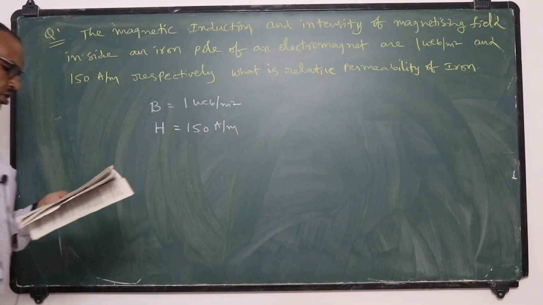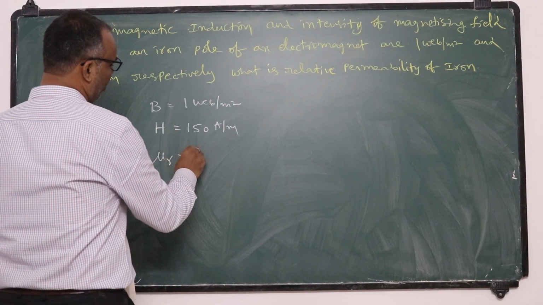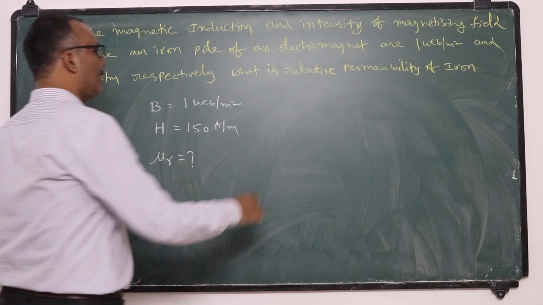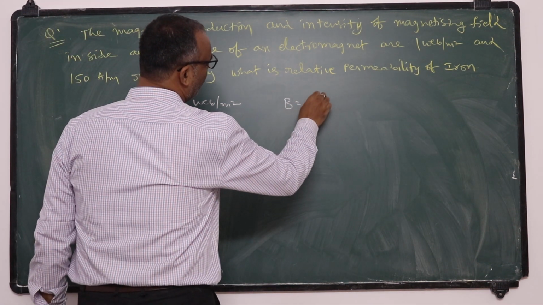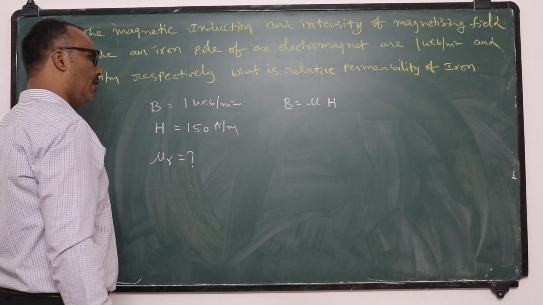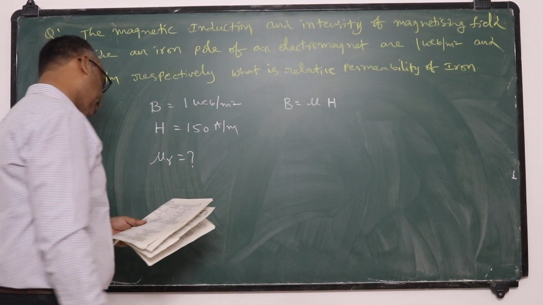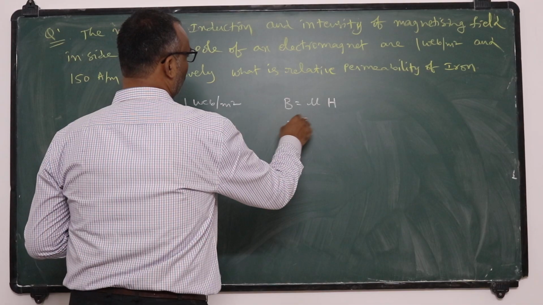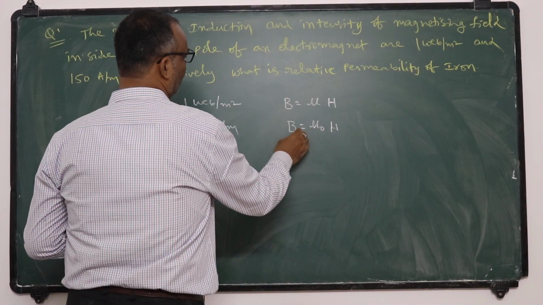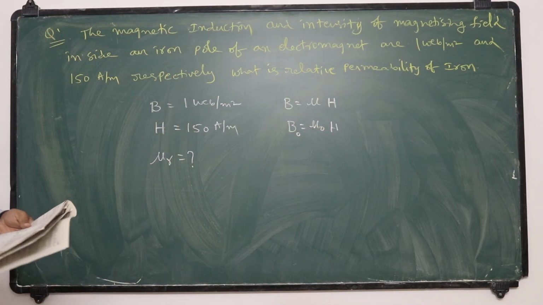Now, relative permeability they are asking. We know that B is equal to mu H inside the material. In air, B is equal to mu naught H. So like that we have different formulas.